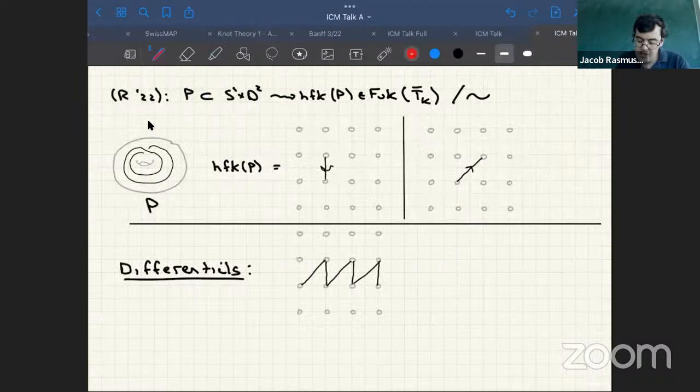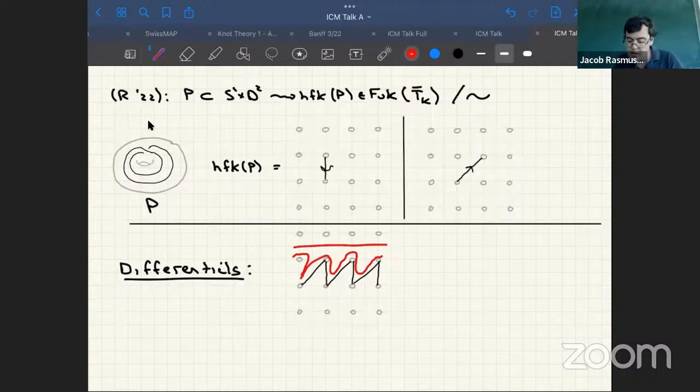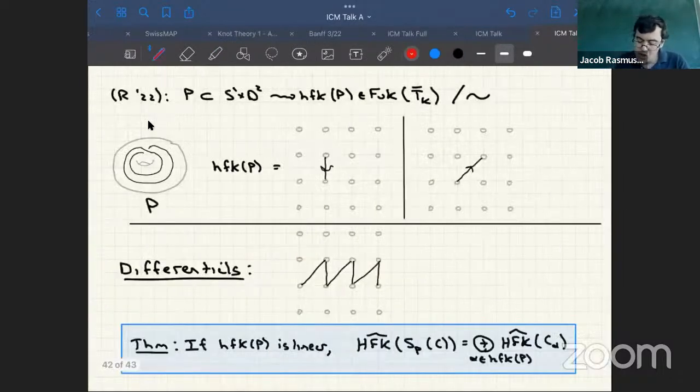And just like in knot Floer homology, we have differentials. In this case, what the differentials do is they arrange a deformation of this thing into the invariant of what we get when we Dehn fill, which is just the solid torus. And you'll notice that for this simple P here, this invariant just consists of some straight line segments between punctures.